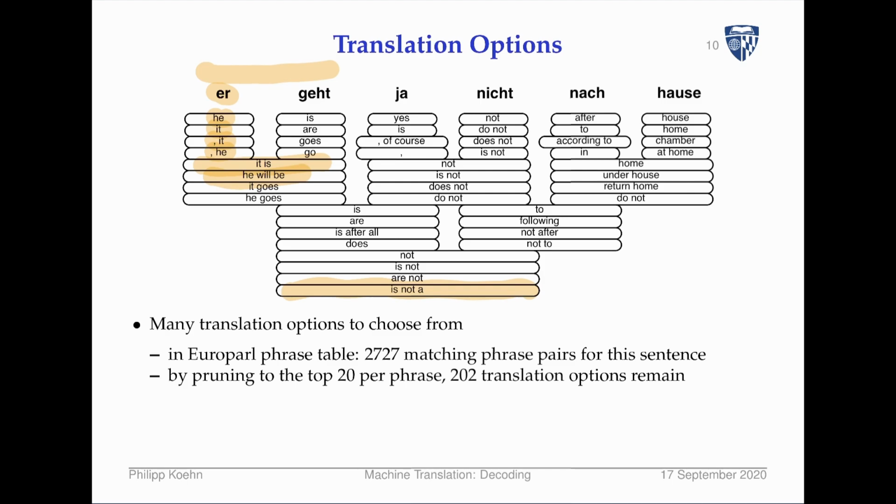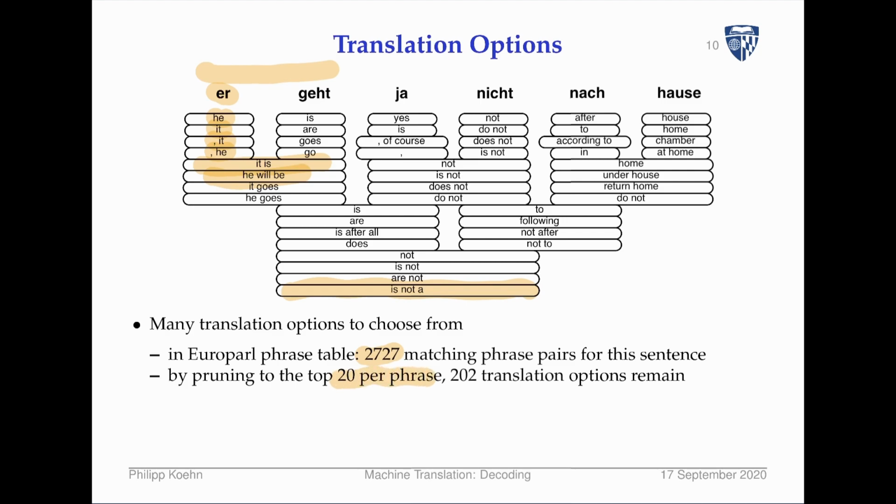In actual reality, if you train a phrase translation table, as we discussed last lecture, on the European Parliament proceedings, you get for this particular sentence 2,727 matching phrase pairs. For each phrase translation probability, especially for common words, there's a huge tail of junk. So it makes sense to ignore all that junk at the end.